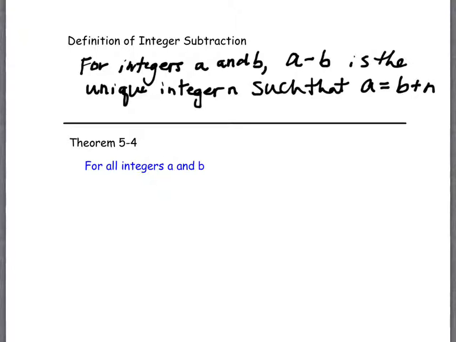And we've worked with this definition before too. We've talked about the fact that oftentimes children are taught to subtract by doing something like this. Let me use numbers. They're taught to do something like this: 7 minus 3 equals question mark.